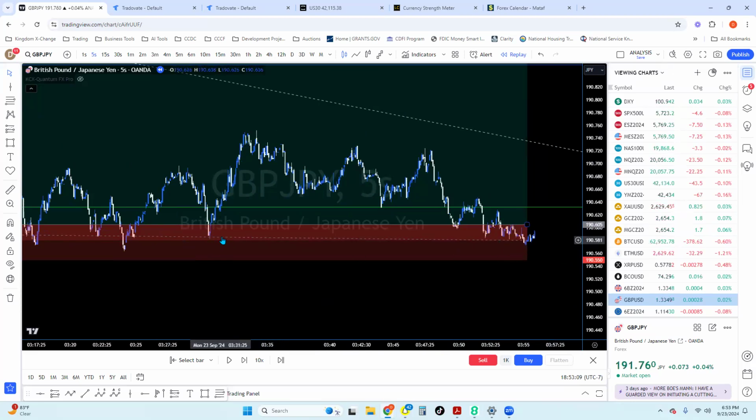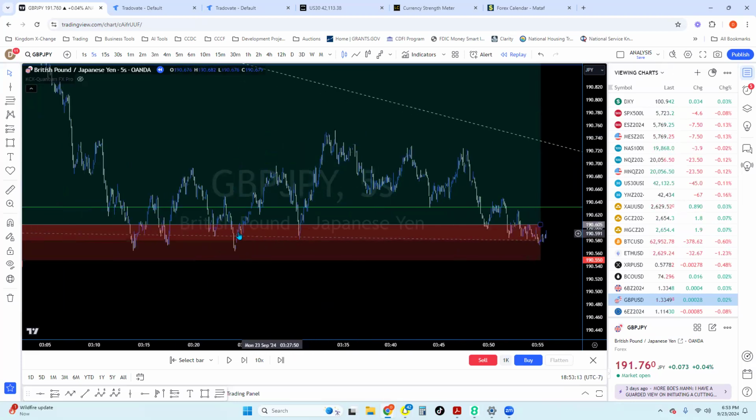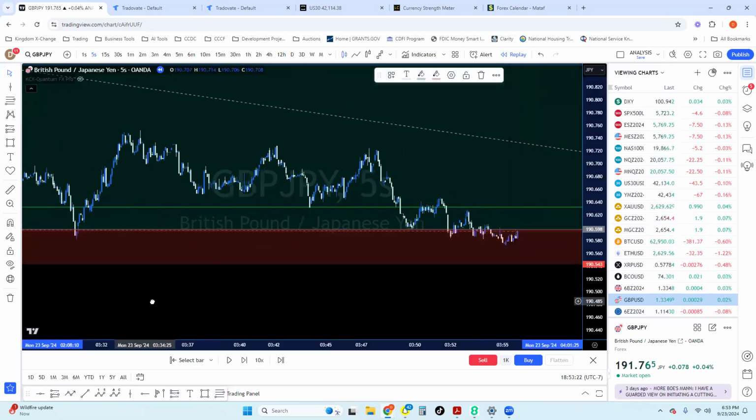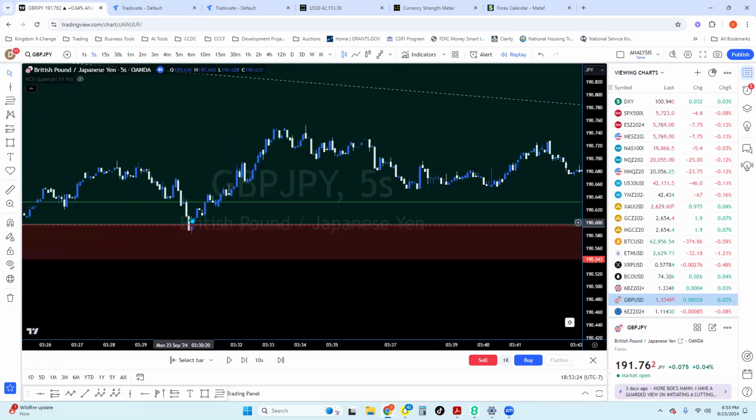My whole point is, I don't have to wait. These are so close, but I don't have to wait till it comes all the way down here to know. I already know, even if you go here, like it went here, and then it came down here, it didn't violate, but it technically did because you're getting these lower highs.